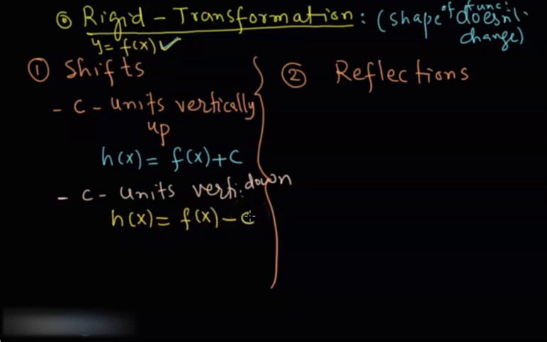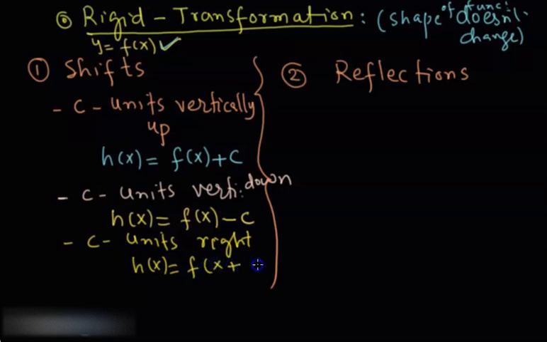And similarly we have c units right, that is h of x equal to f of x minus c, and c units left means f of x plus c.